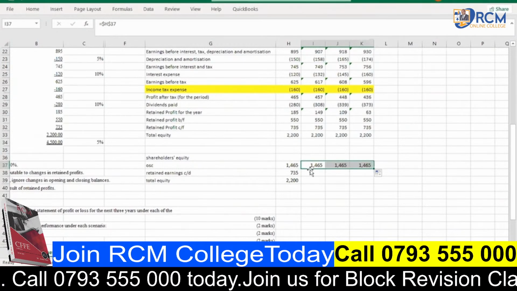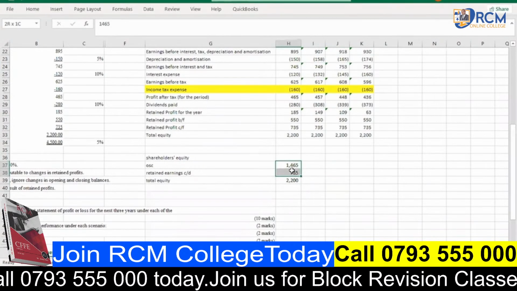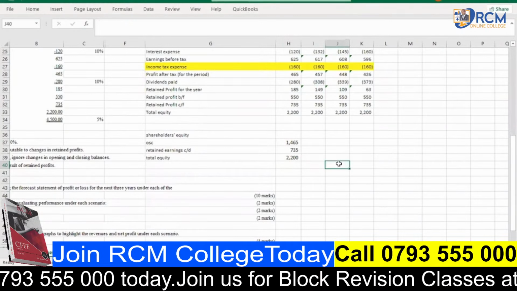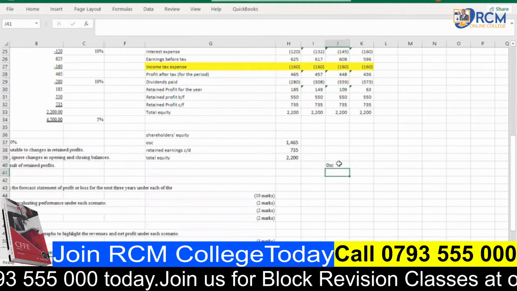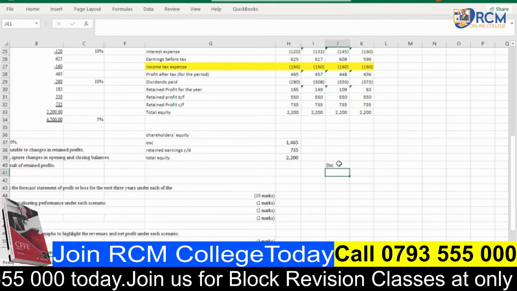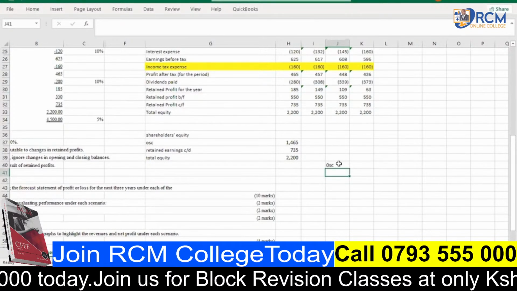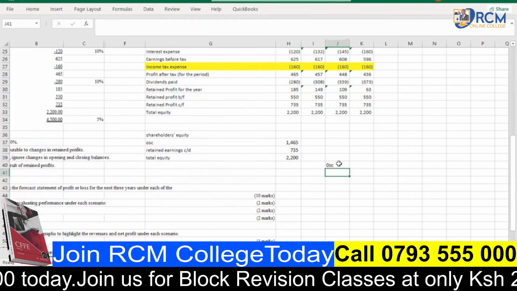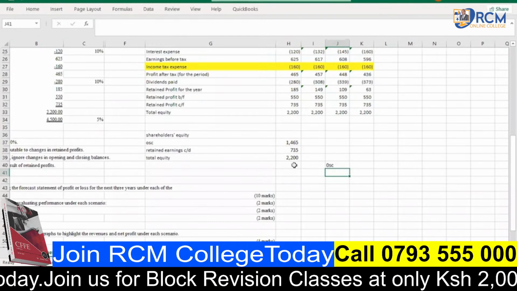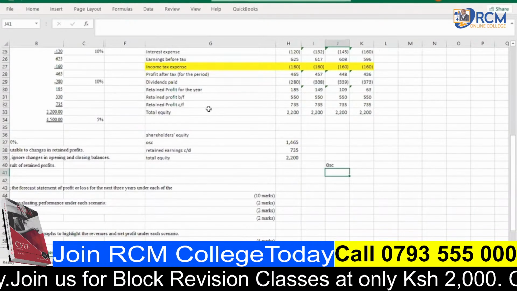These are the components that we need to have here. For us to get the total equity, we normally say it is the ordinary share capital, then retained earnings carried down, and the retained earnings carried down is equal to retained earnings brought down plus profit for the year.